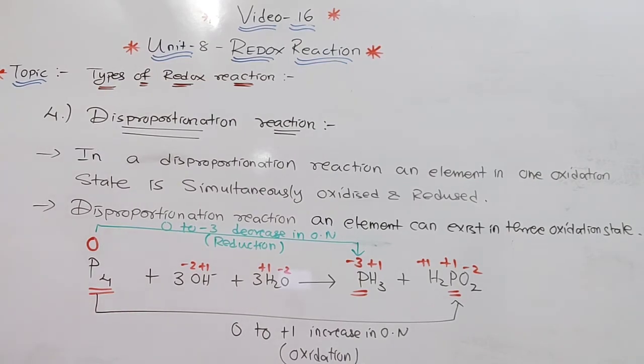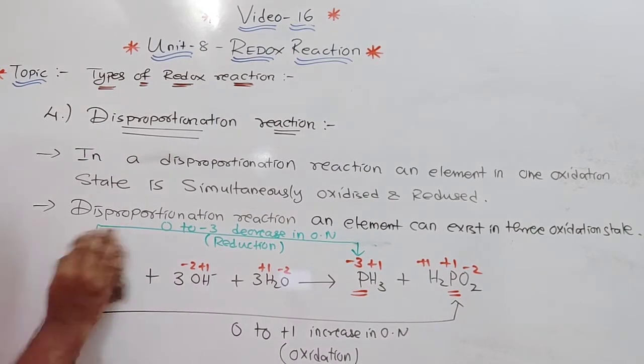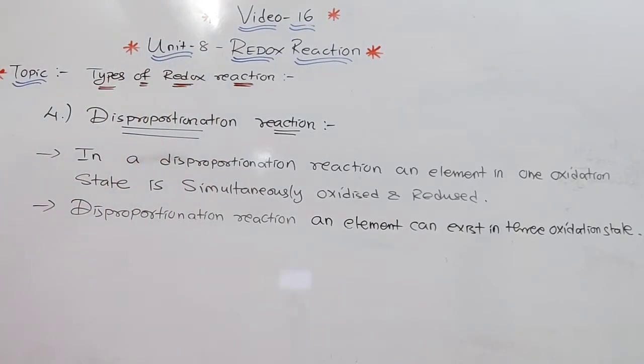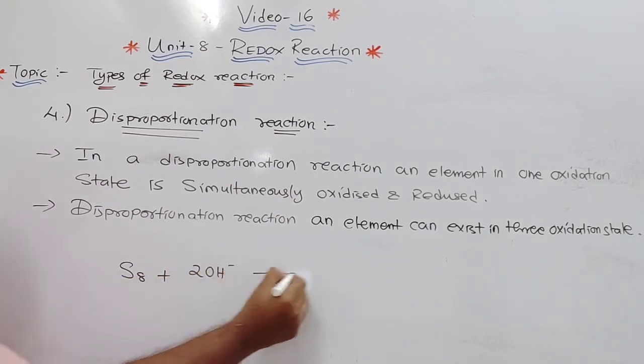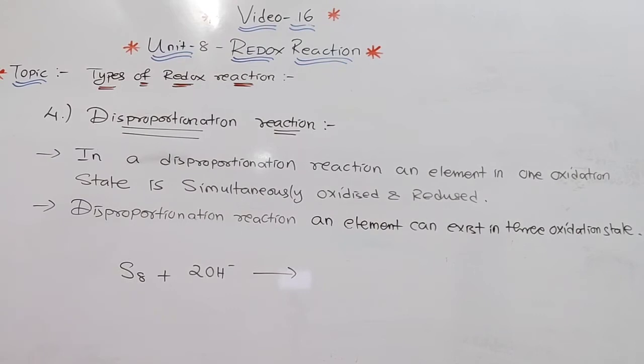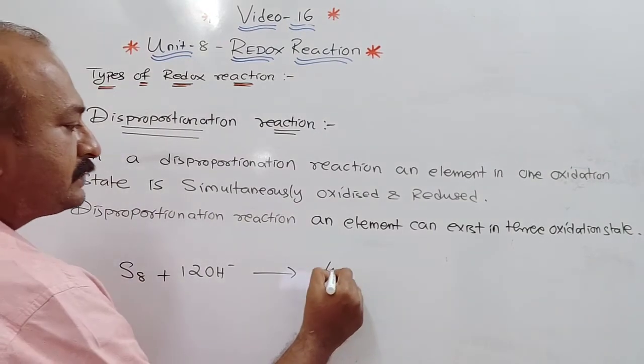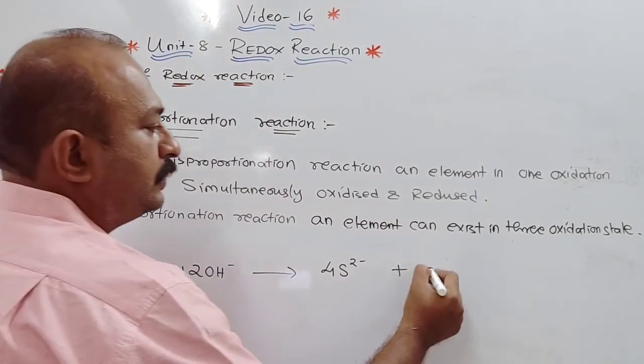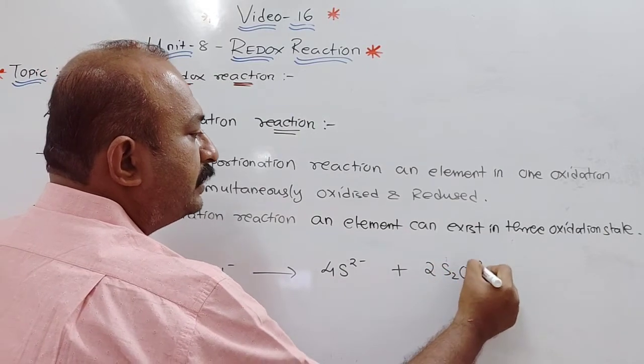Okay, now if you see the third example given in your textbook, it is about the sulfur S8 molecule. S8 plus 2OH minus gives S2 minus and S2O3 2 minus.